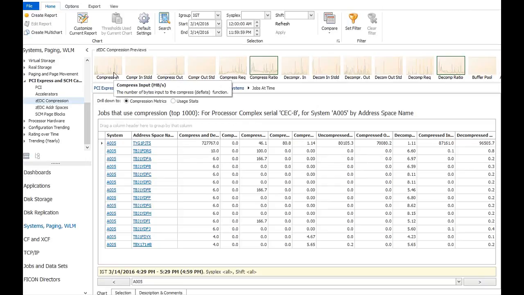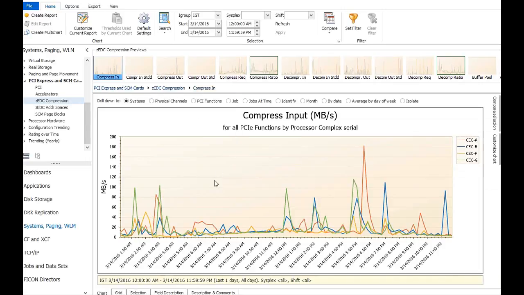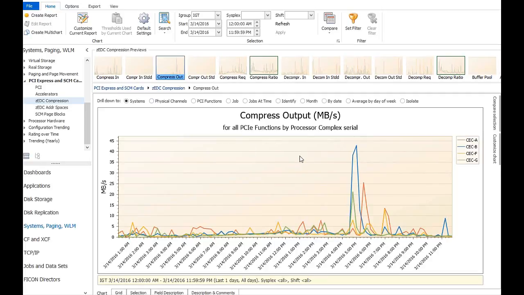Other metrics for the compression function include the megabytes per second coming into the compress function, and then also the megabytes per second going out, a much lower number because of the compression ratio that we saw earlier. Companion metrics exist for the decompression function that is invoked when compressed data is read in from disk storage so that it can be processed on the system.